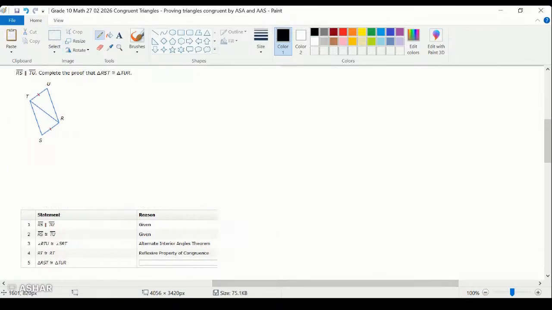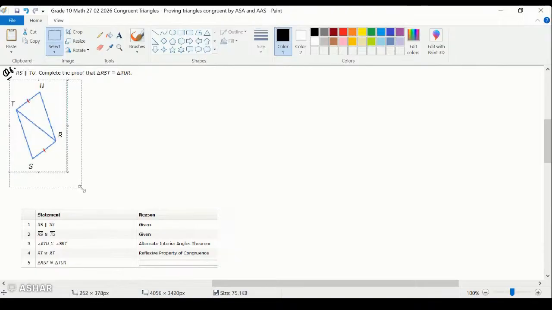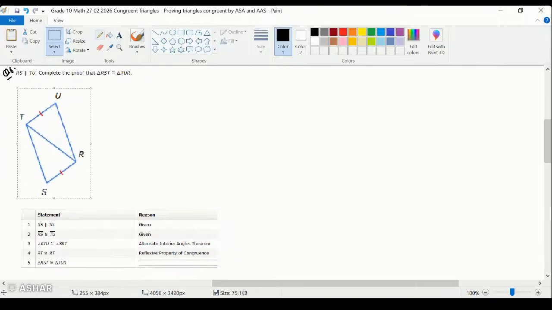and they're saying RT is parallel to TU, or equal, sorry, parallel also. RS, where is RS?